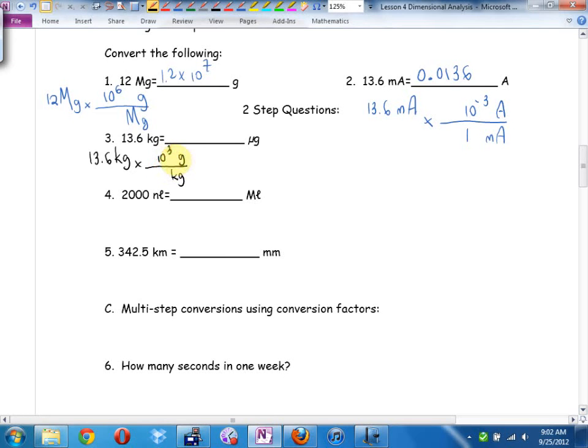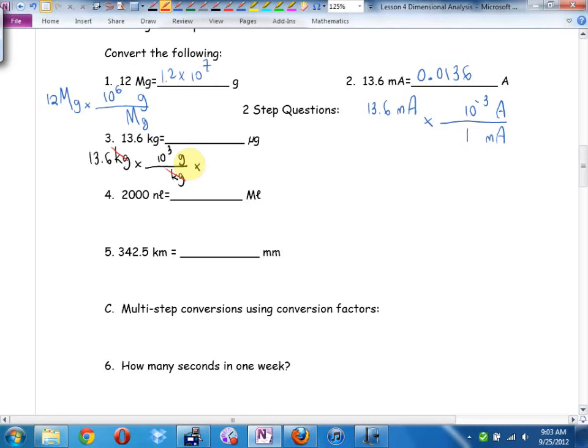Now that's if I wanted to get to grams, but that's not what this question wants. AJ, what does this question want me to end up in? Micrograms. So I'm going to do another conversion factor. Right now, I've gotten rid of the kilos and I'm in grams. I want to get rid of the grams. Right now the grams is on top.